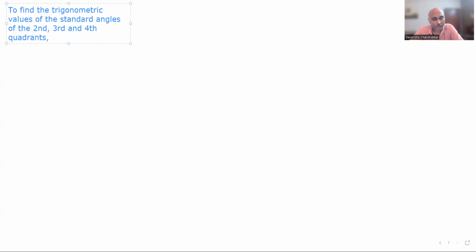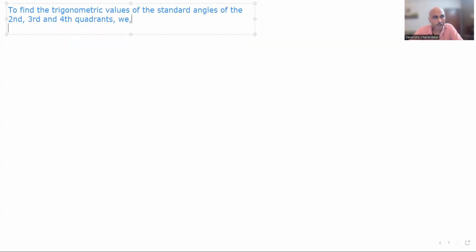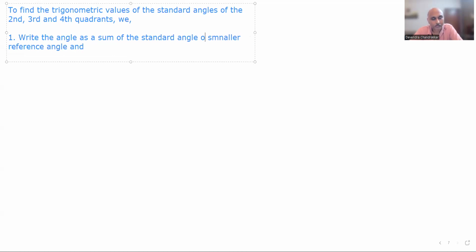What we do in the first step is we write the angle as a sum of the standard angle of the first quadrant and the smaller reference angle of the respective quadrant. ठीक है?